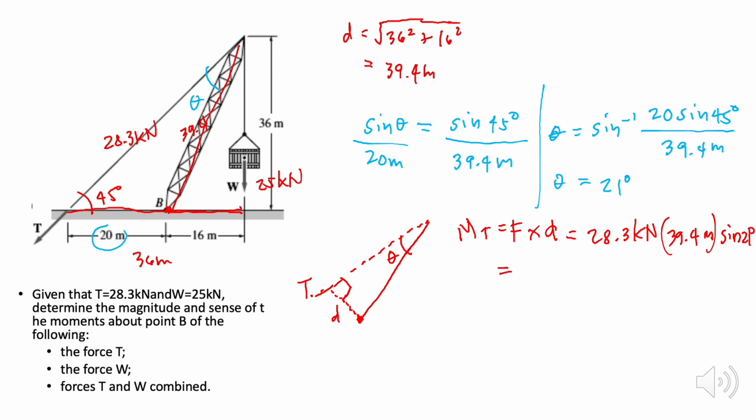So that gives us 400 kilonewton meter. So this is MT.